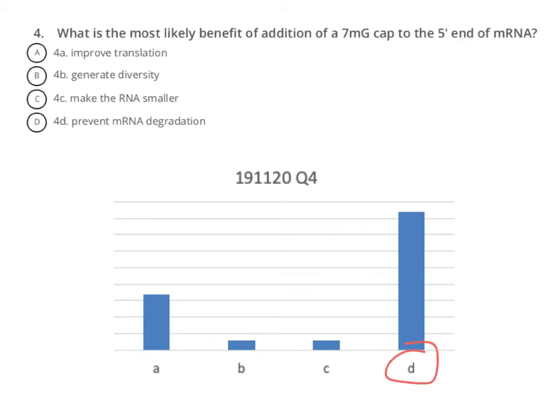It's D. Prevents messenger RNA degradation. This is one chemical modification to transcripts that cells use to prevent the messenger RNAs from being destroyed quickly by the cell. There's another right answer up here. Improve translation. We're going to see why the cap is important for translation today or Monday.